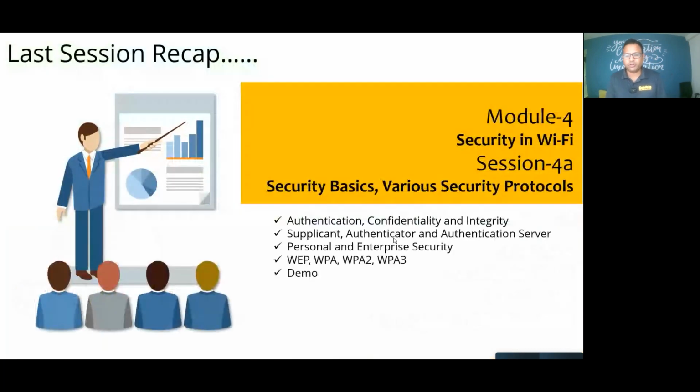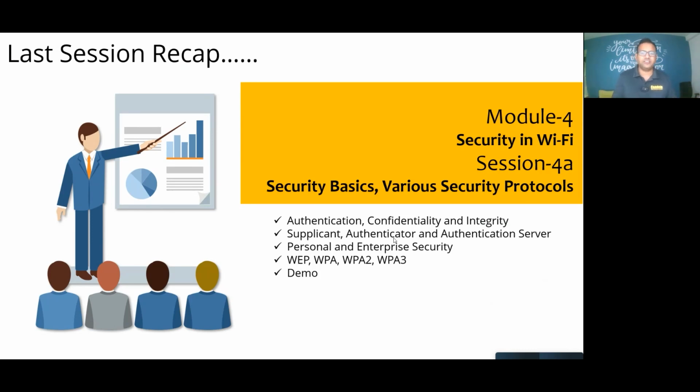Before we go into details of today's session, let's quickly recap the last session. We started with the basics of security, and then we covered the various security protocols at a high level. For basic security, there are 3 main pillars. One is authentication, where the 2 parties involved in a secure communication have to mutually authenticate each other.